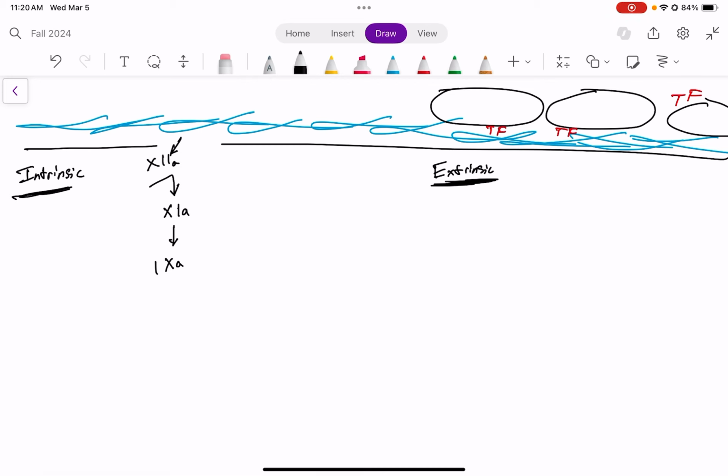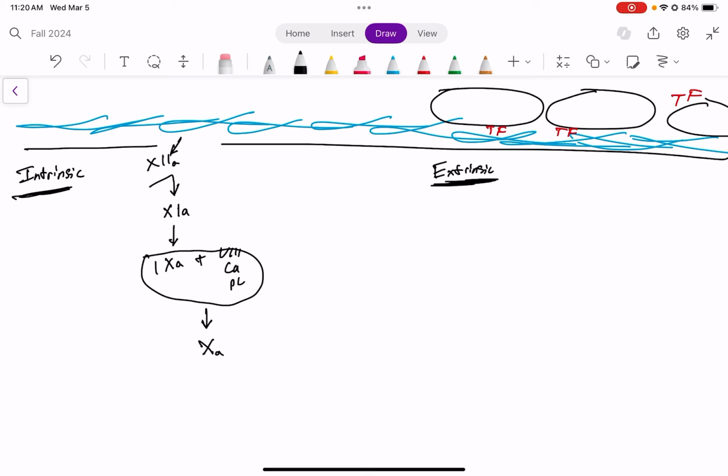And factor 9 will form a complex with a bunch of other things like factor 8 and calcium and phospholipids. And all this together will then form an activation complex for 10. And 10 is where the common pathway starts. So that's where intrinsic and extrinsic combine. So this is the intrinsic pathway, right, activated by collagen, goes to 12.